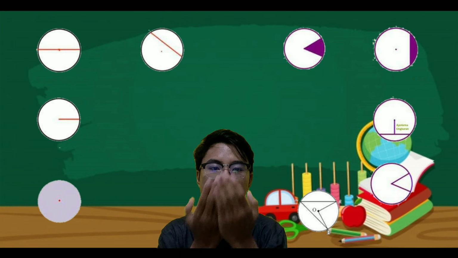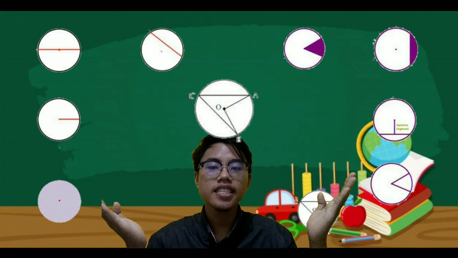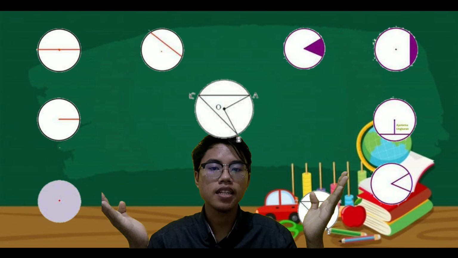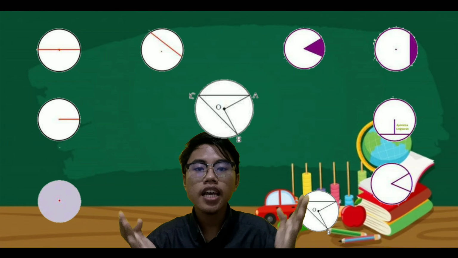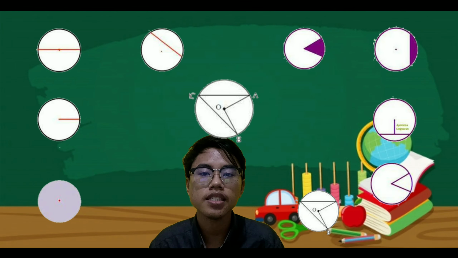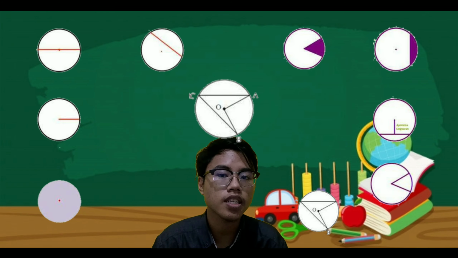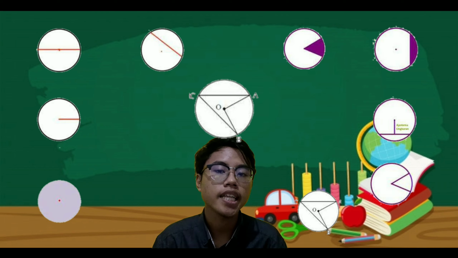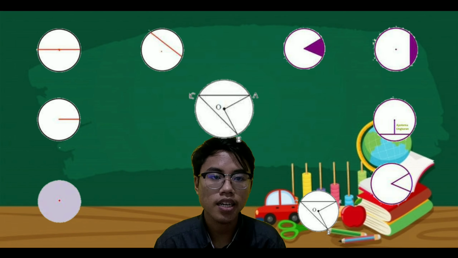And last, this is the perimeter angle. The angle bounded by two chords that intersect at one point on the circle, and its vertex lies at the circumference of the circle.